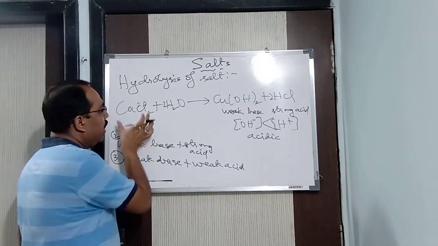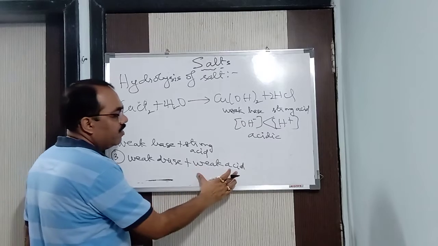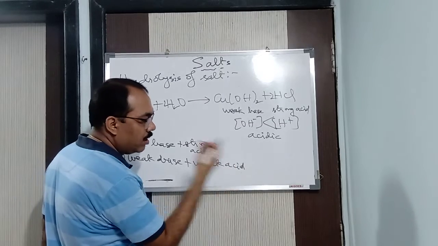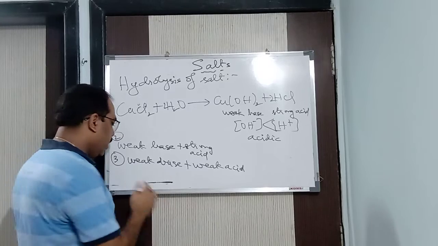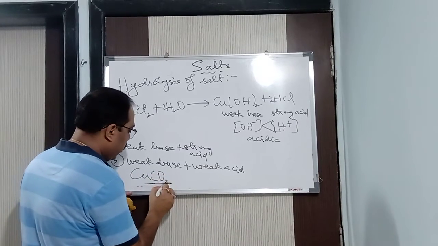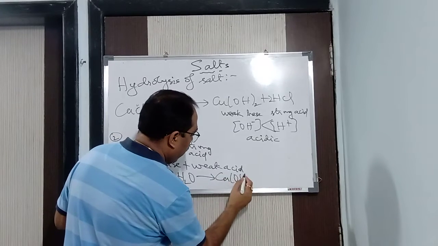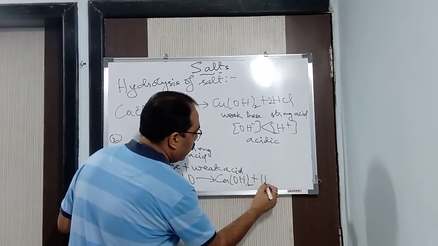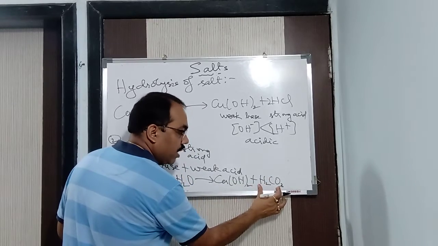Weak base means like you can take copper hydroxide, and weak acid means you can take carbonic acid. The salt will be what? Copper carbonate. So when copper carbonate reacts with water, what do you get? You get copper hydroxide and carbonic acid. This is also weak base, this is also weak acid.